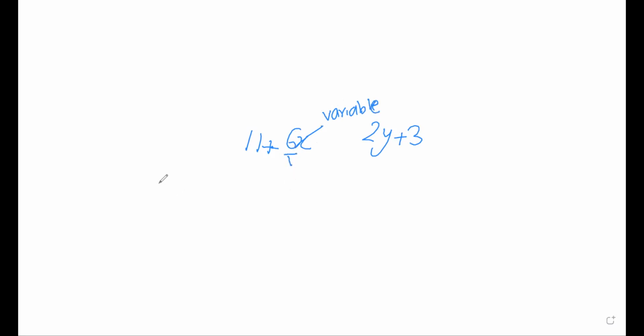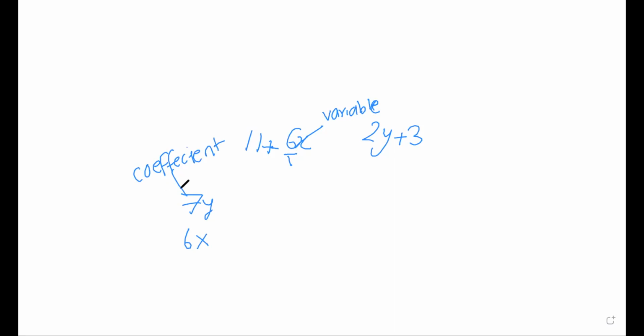Whenever you say 7y or 6x or anything, in 7y, y is the variable, 7 is the coefficient.